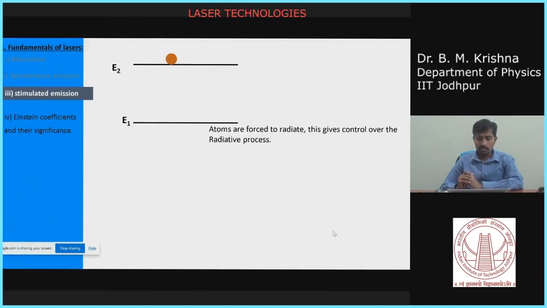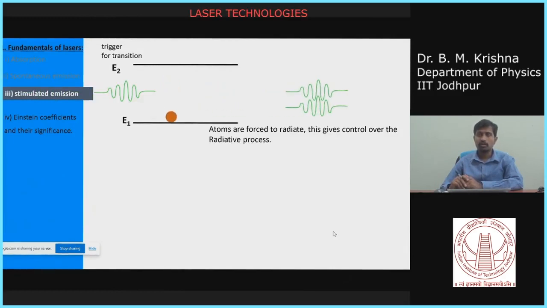If the electron is in the excited state, there is another possibility: you can trigger this electron to move to the ground state by an external force, like applying a photon. This photon interacts with the excited atom, and it emits another photon with the same frequency, the same phase, and the same direction as the triggering photon.